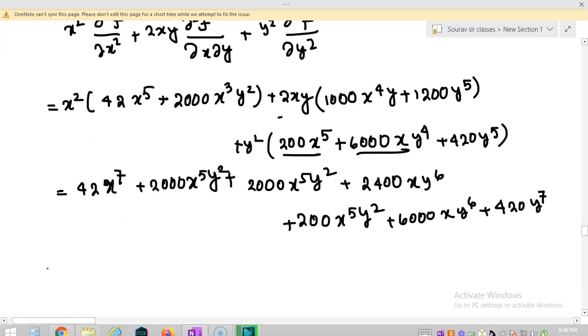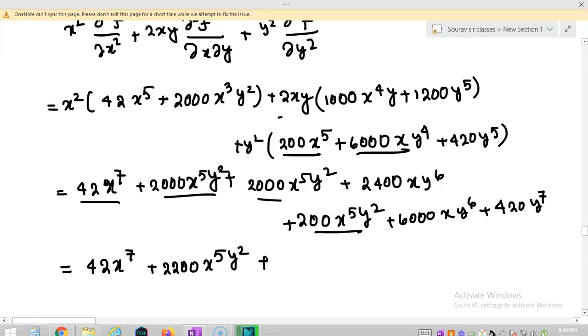Okay, so 42 x to the power 7, you can see 2000 plus 2000 plus 200, so 2200 x to the power 5 y square. Oh, there is again another x to the power 5 y square, so it will be 4200, right?